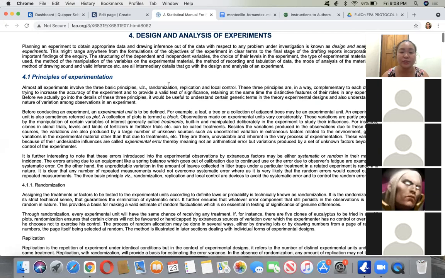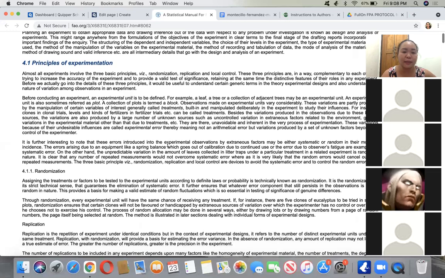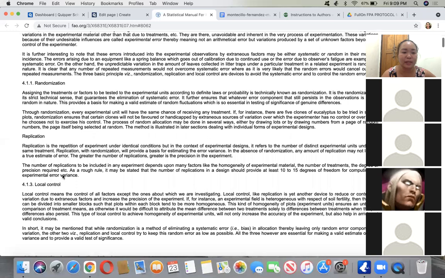So ipakita ko sa inyo itong link na ito. You can also use the Gomez and Gomez statistical manual. That is a Filipino-published na statistics for agriculture. If you read this thoroughly, you will know the importance ng randomization when you do the experiment.